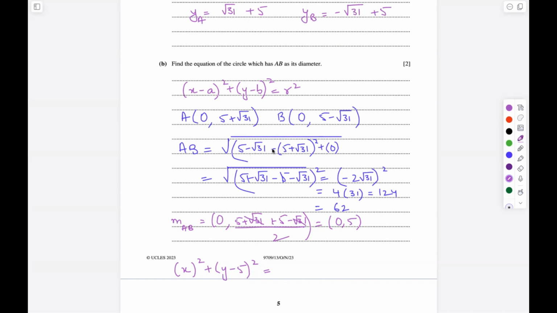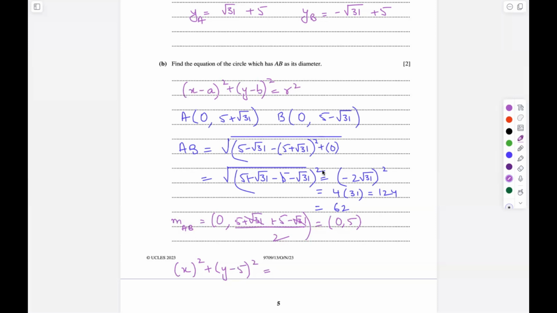Just using a calculator for this, just to make sure that the radius is correct over here. So this is minus root 31, and we'll subtract it from minus root 31 again. That is minus 2 root 31.